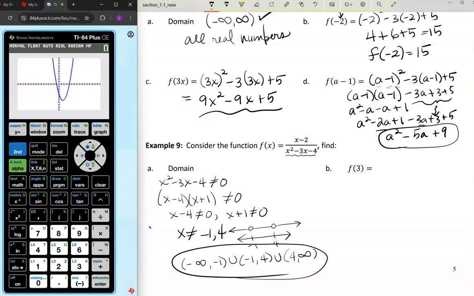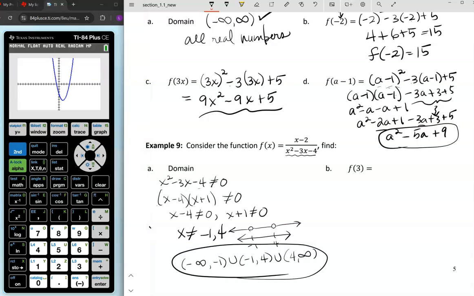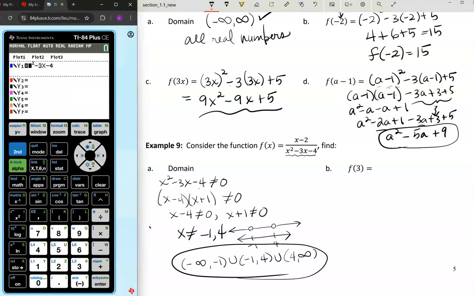Now all I did over here was I put in this guy, because I knew that it could not equal 0. So if I could find where the y values equal 0, I'm golden. If you want to put the whole function in, you'll see these asymptotes happening at -1 and 4. So let me do that.